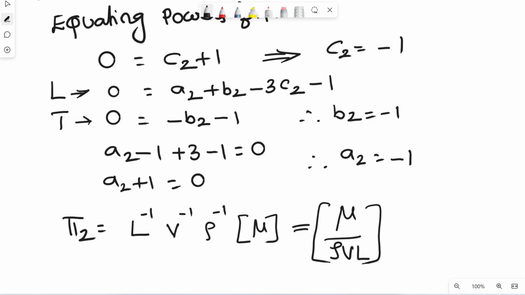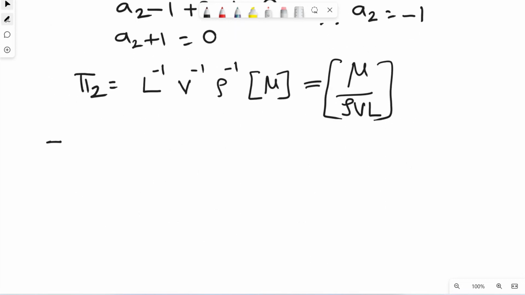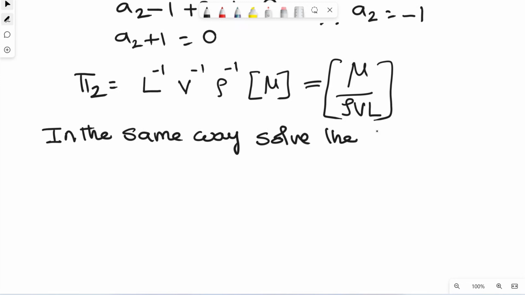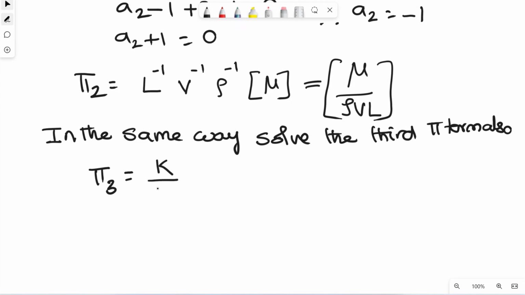The third one also, if you solve it in the same way, you get pi 3 is equal to k by rho V square. This is how you will get it.